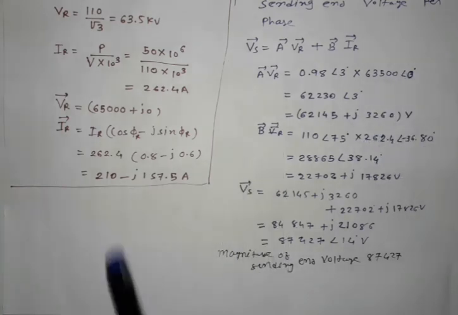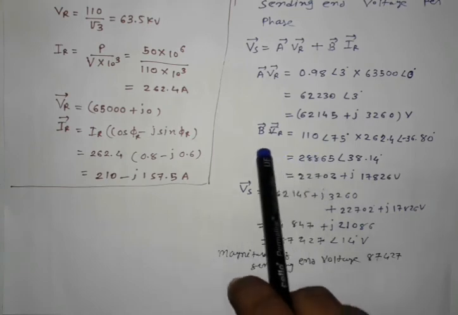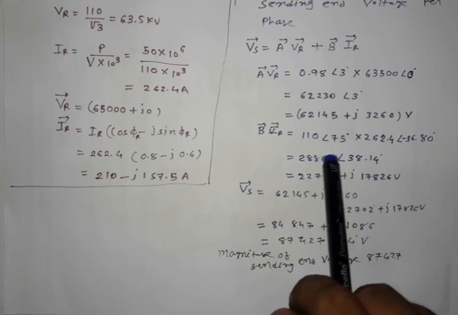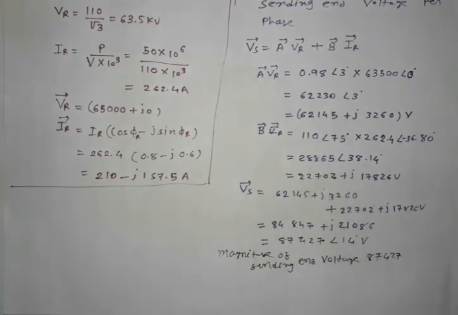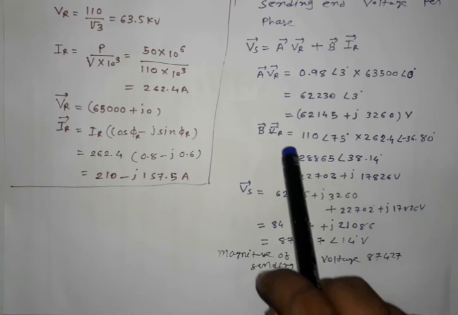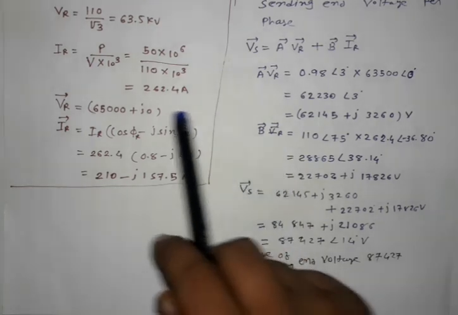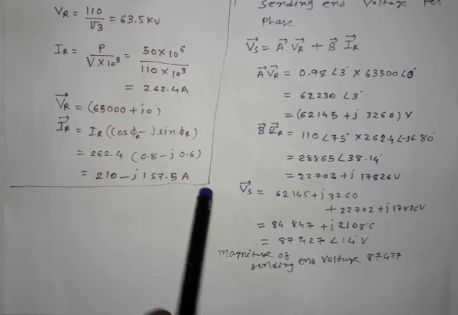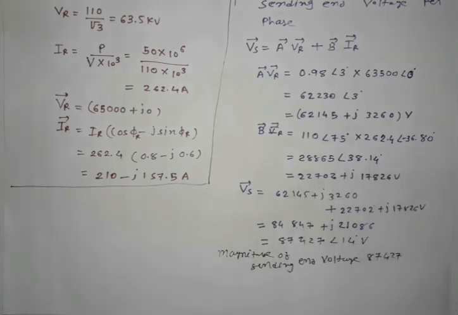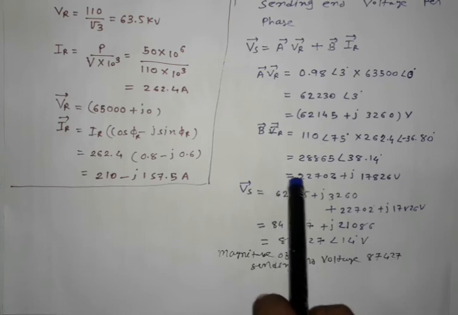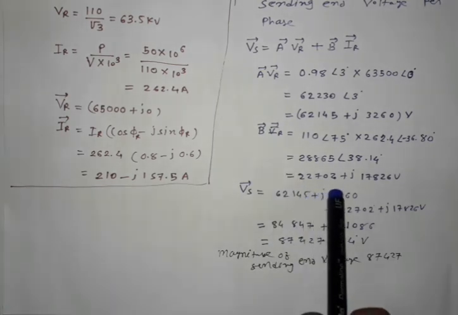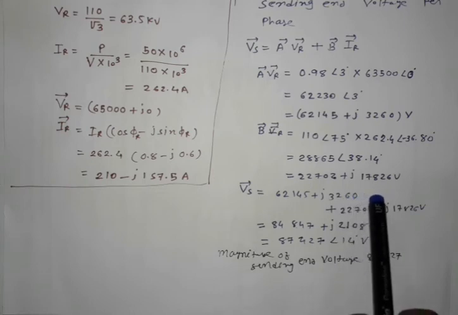If you do not understand how the multiplication and division of angles are done, you should revise that lecture. Now B IR. The value of B is given in our data, which is 110 angle 75. We multiply it with the current IR, whose value is 210 minus j 157.5. So we get the value of B IR, which is 22,702 plus j 17,826.